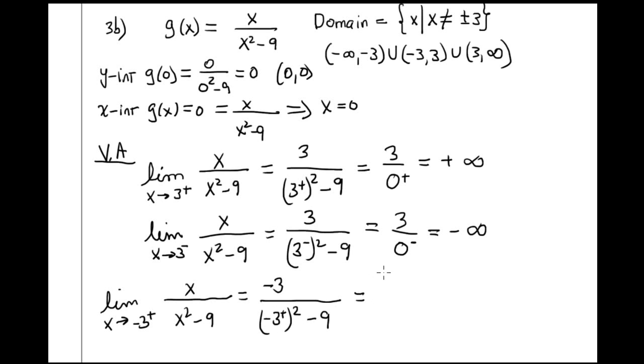The numerator is negative. Negative 3 plus is negative 2.9 something. When you square, this number is less than 9, so the denominator is 0 minus. Negative 3 over 0 minus is positive infinity.